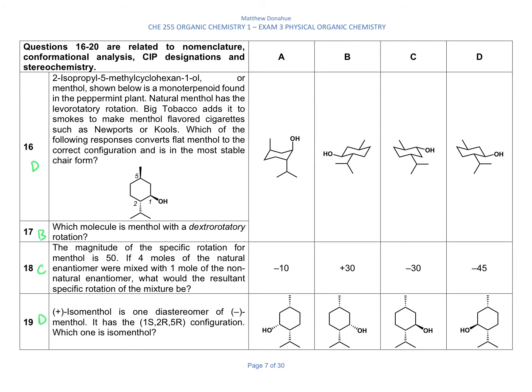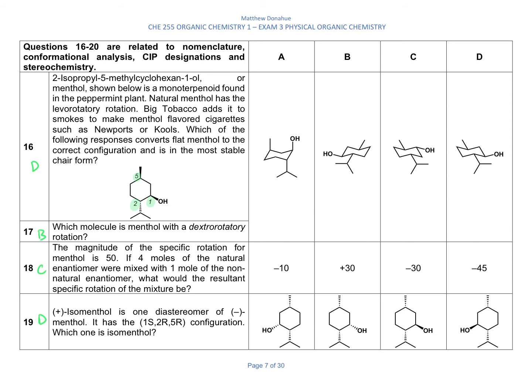Here we're at 16 to 20, using nomenclature, conformational analysis, and R/S designations. The question is giving you the name of the compound: 2-isopropyl, 5-methyl cyclohexan-1-ol.